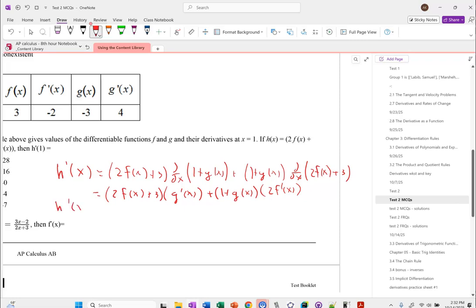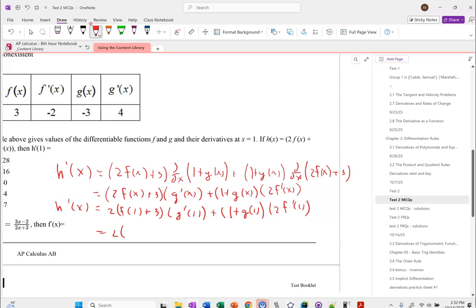Wait, you said this was the product property, right? Yeah. Okay. So now I just plug 1 in. How'd you figure out h prime was the product property? Because I had two functions multiplied together. Oh, okay.